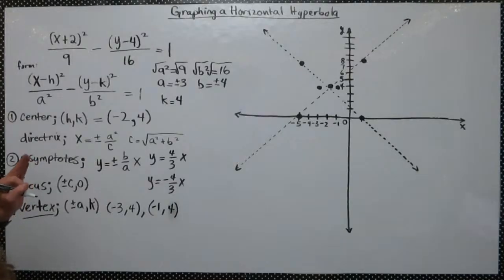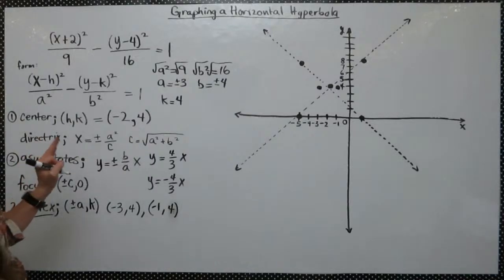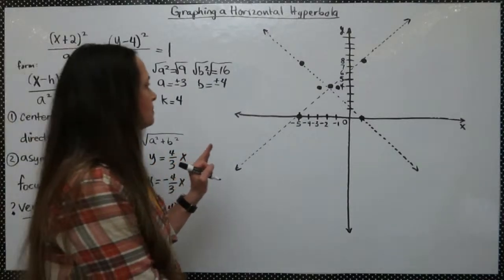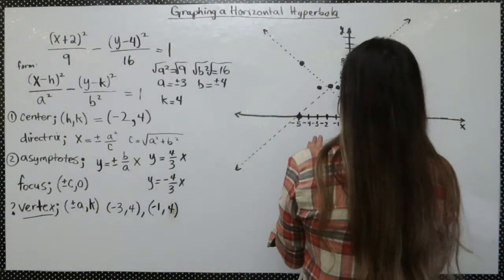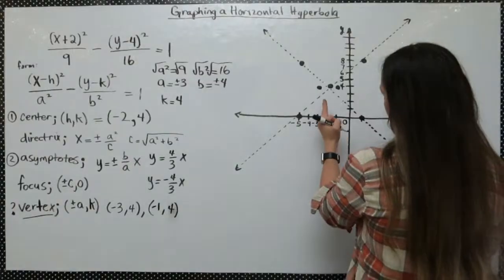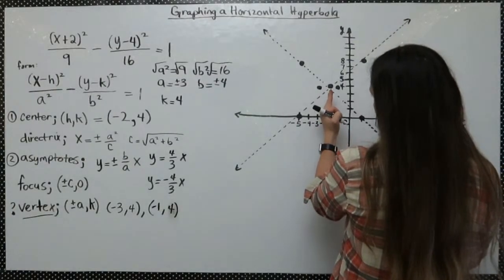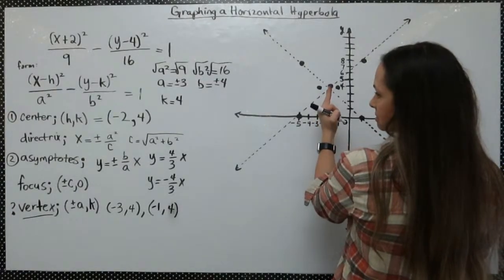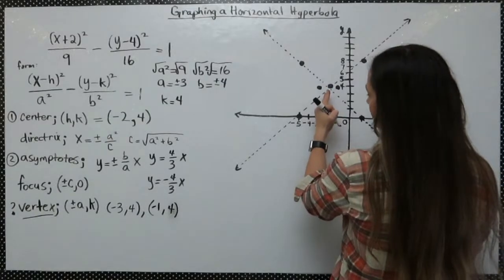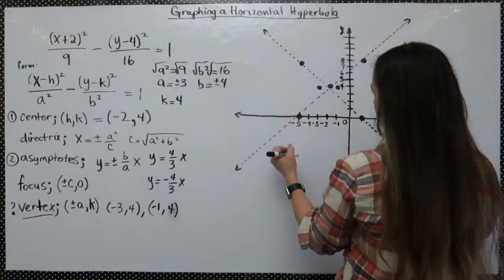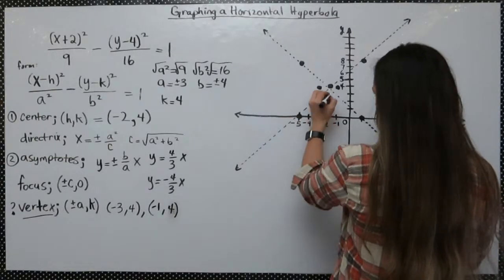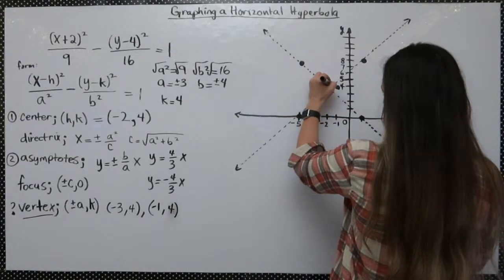So this other value, the directrix, is a vertical line that appears between your center and the vertex. And then the foci are on the other side. So I think that the order goes center. So here's your center.